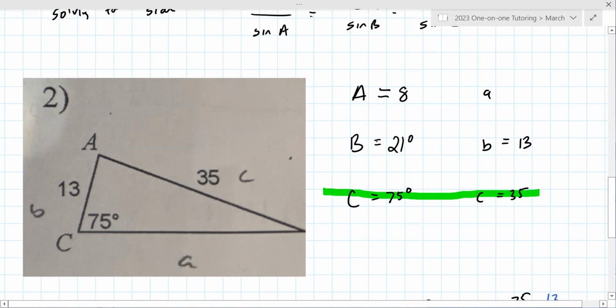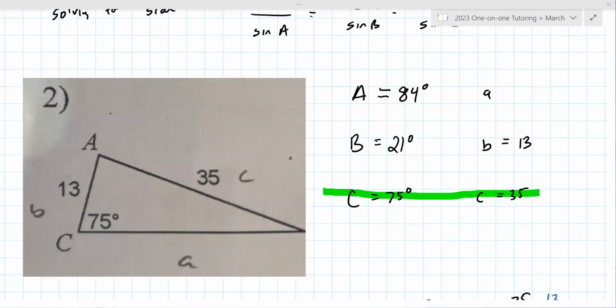So I believe this will be 84 degrees. Any questions on that? No, pretty straightforward.